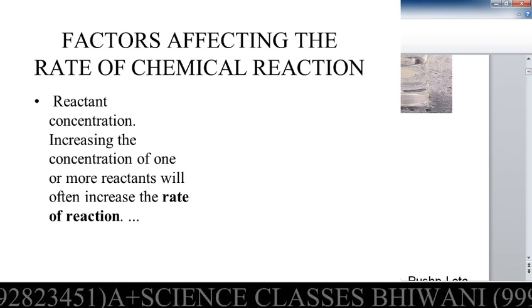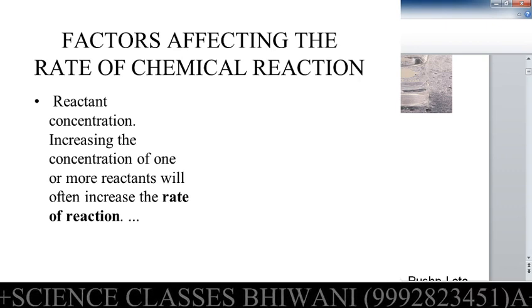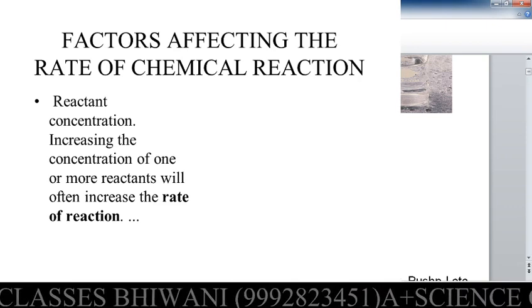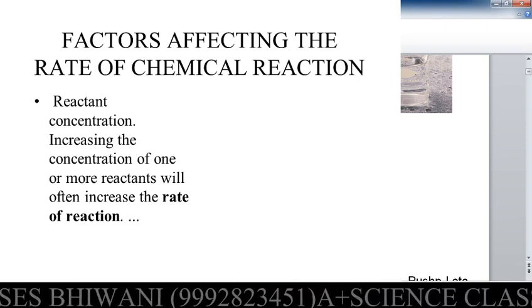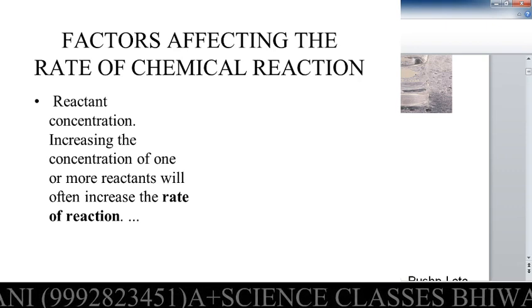What does it mean? This indicates that the reaction rate is related to the concentration of the reactant species, and the concentration of the reactant species goes on decreasing with time.